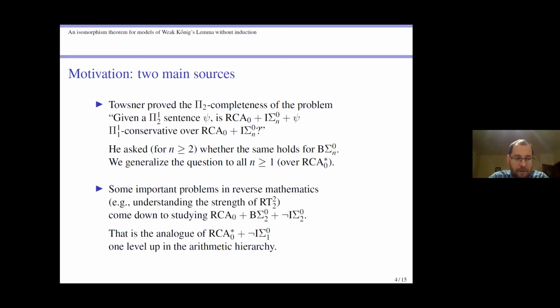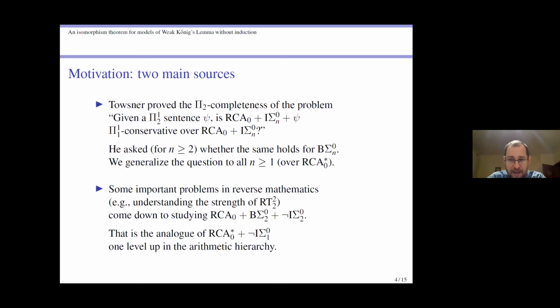And the problems that are left in that area, many of them are about understanding the behavior of various combinatorial principles over RC0 plus sigma 2 collection plus the negation of sigma 2 induction. So there are some principles, in particular Ramsey's theorem for pairs itself, where we understand what's going on over I sigma 2. They imply B sigma 2, so nothing interesting happens below B sigma 2. And the remaining piece of the puzzle is to understand what happens between B sigma 2 and I sigma 2.